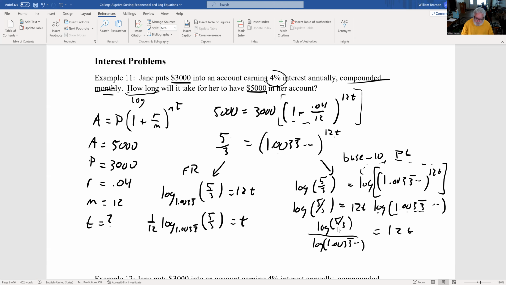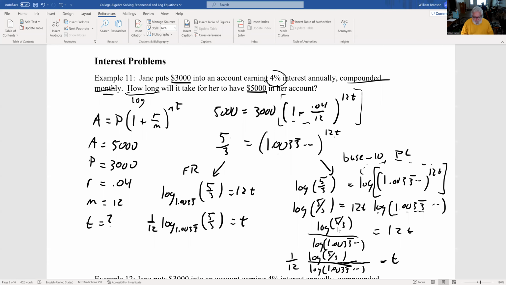And then finally, we can divide both sides by 12. Equals t. So this is supposed to be all one bar there.